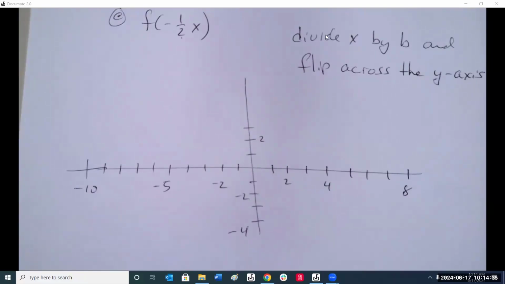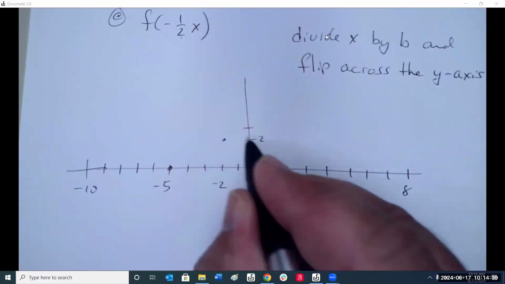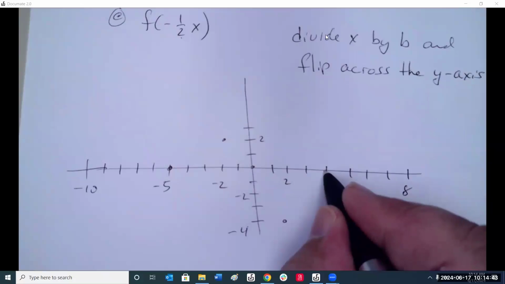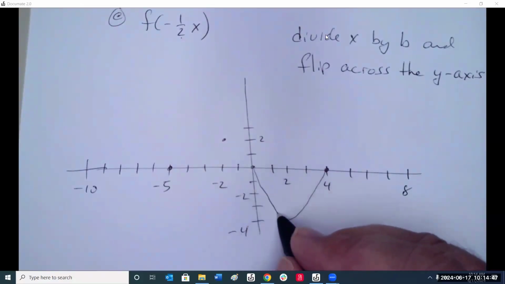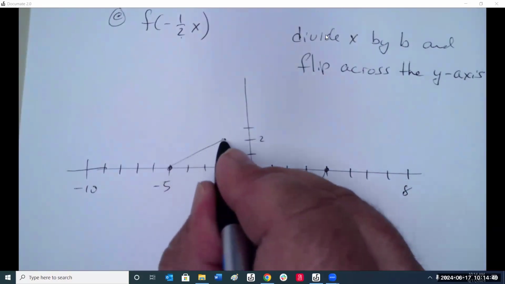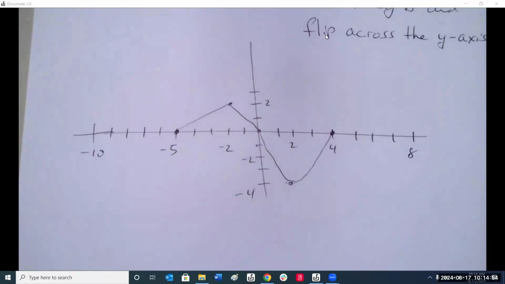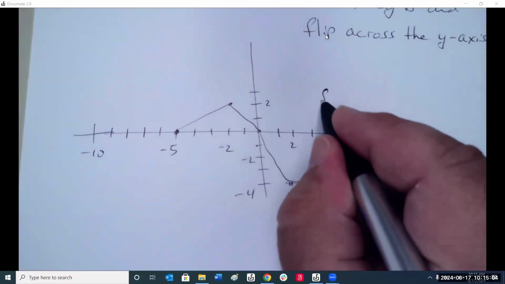All right, so let's look at the original graph. It looked like this. All right, so that's the original graph. This is f of x.